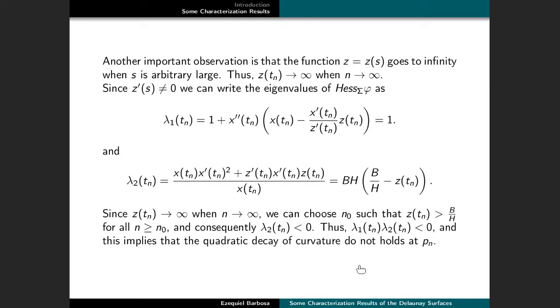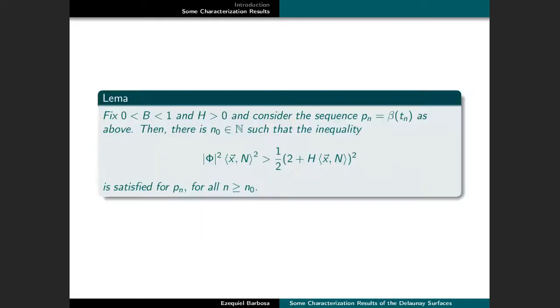Just because when the quadratic decay of curvature is true, then the product of these eigenvalues is non-negative, right? So this proves that the unduloid cannot happen. Actually, the unduloids do not satisfy this quadratic decay of curvature.